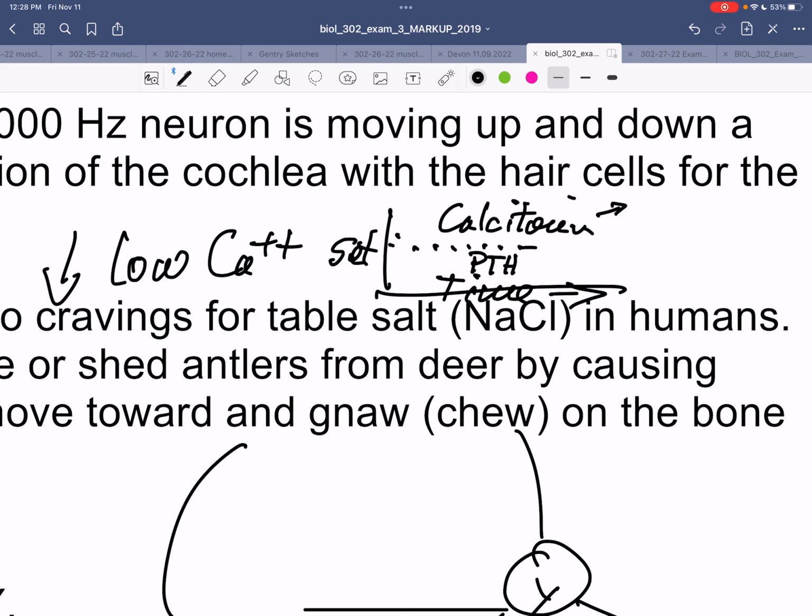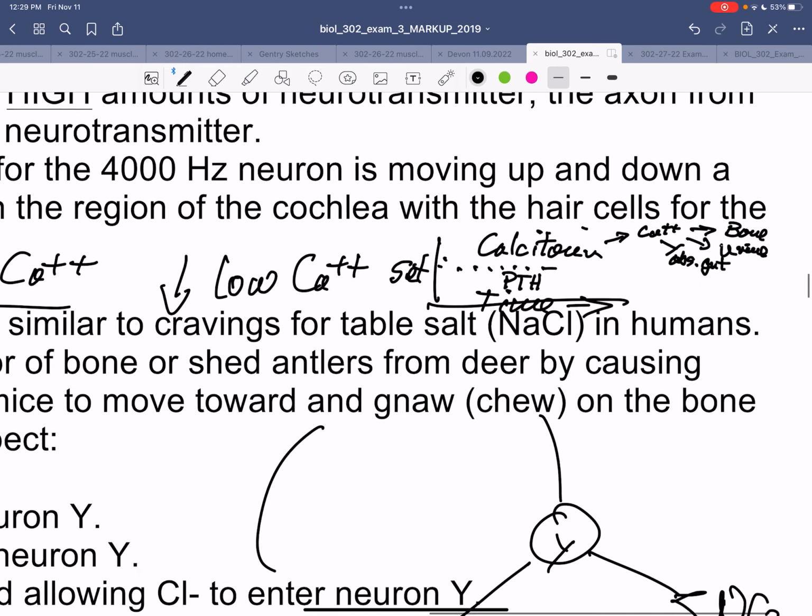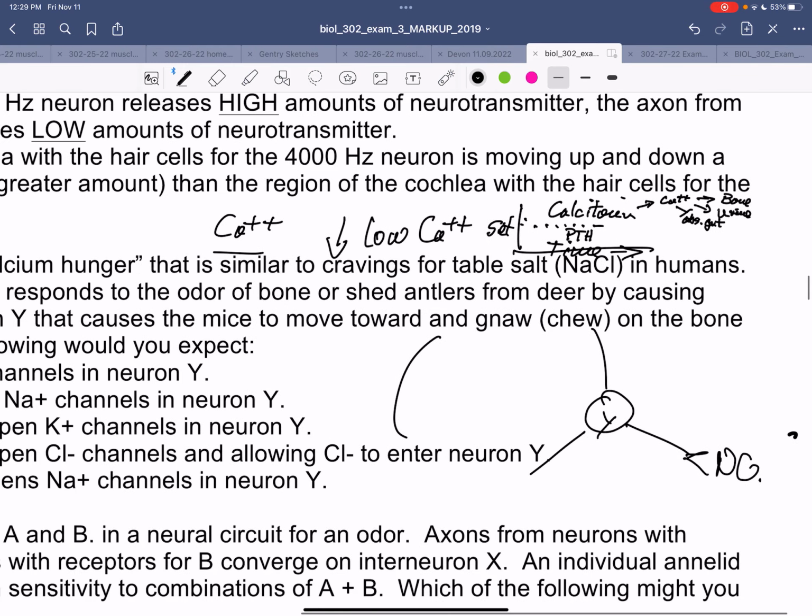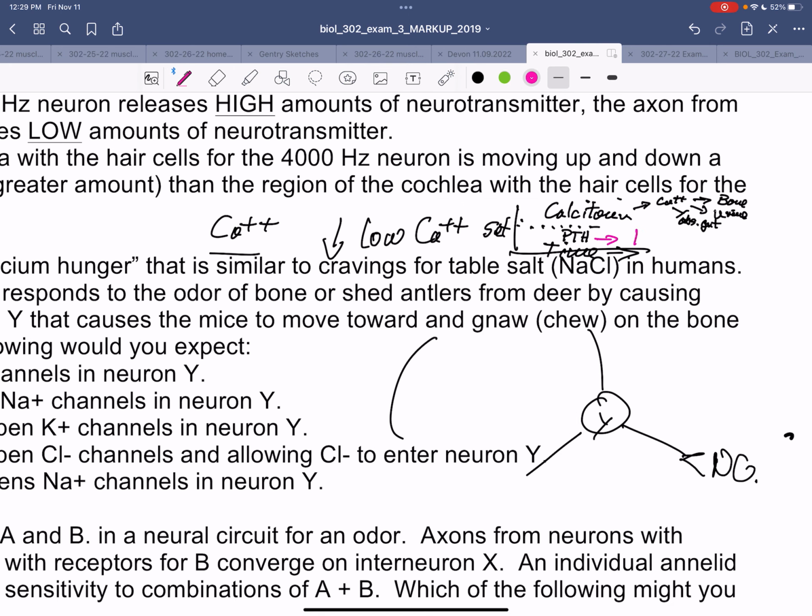Calcitonin means you put calcium into excretory tubules and you block absorption in the gut. Parathyroid hormone does the opposite. So if we have low calcium, that would mean we're going to have high parathyroid hormone.